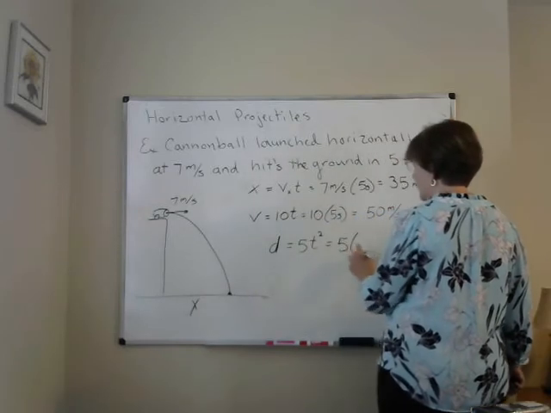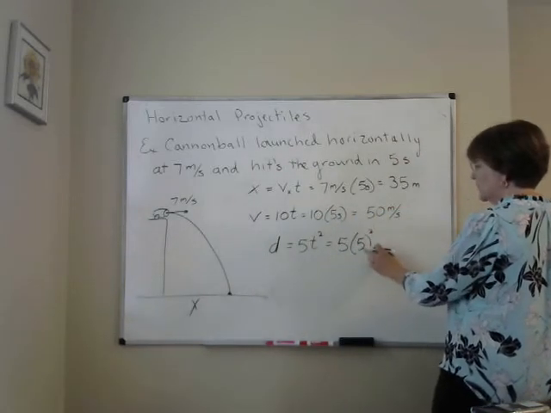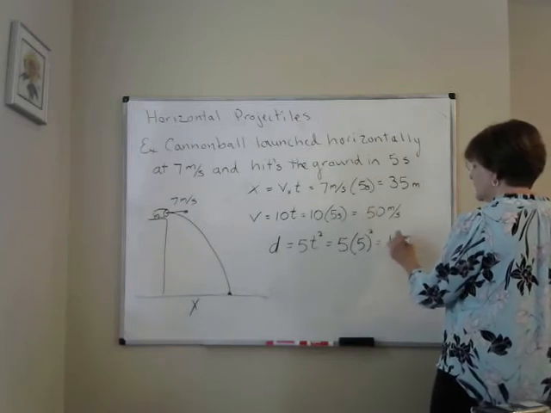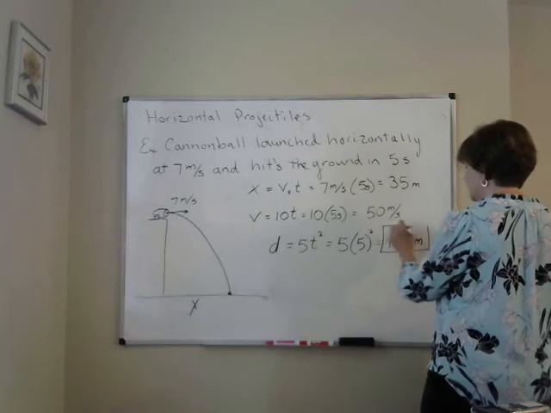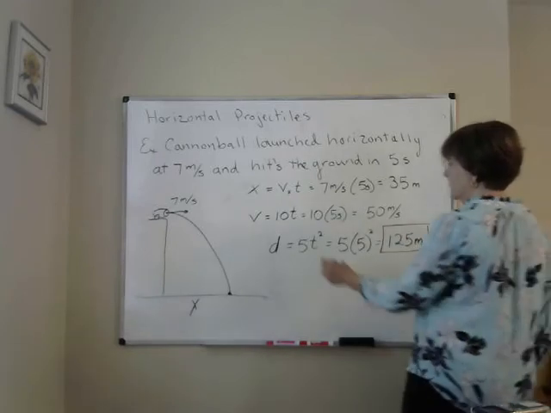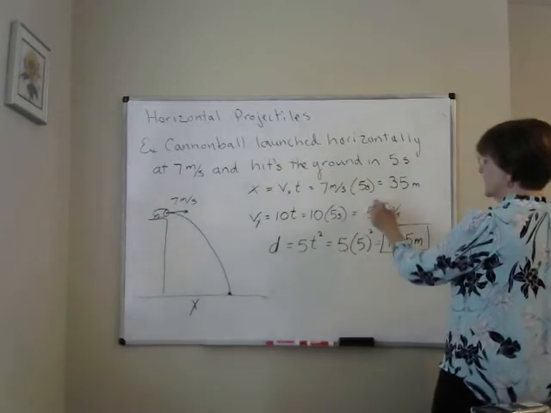So if the time was 5, and we square that, that's 25 times 5. It was a 125 meter high cliff. I'm going to put a little y there to remind you that's the vertical speed.